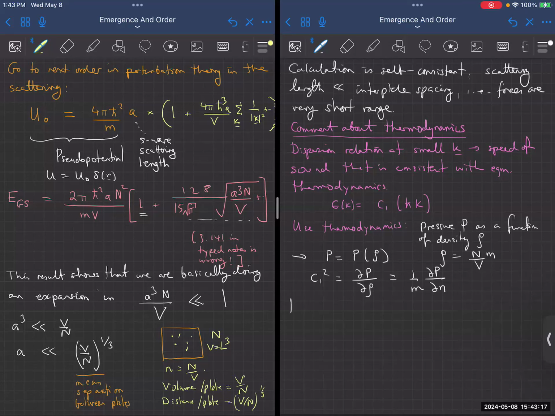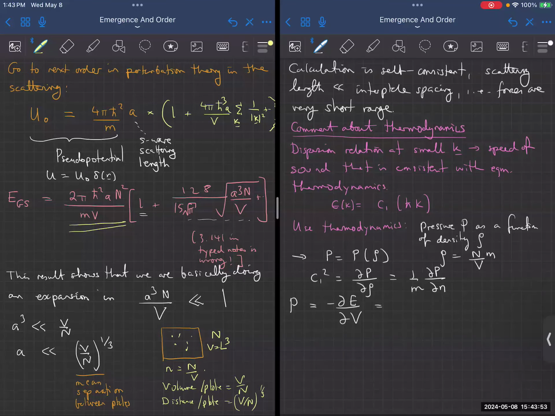Now, on the other hand, the pressure is given by the rate of change of the energy with the volume. If I take a system with energy E and change the volume, then if I reduce the volume the pressure will go up, and what we mean by pressure is just dE by dV. I know what the energy of the ground state is, so that is over here on the left-hand side.